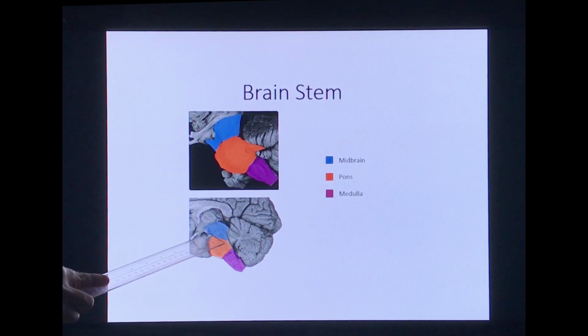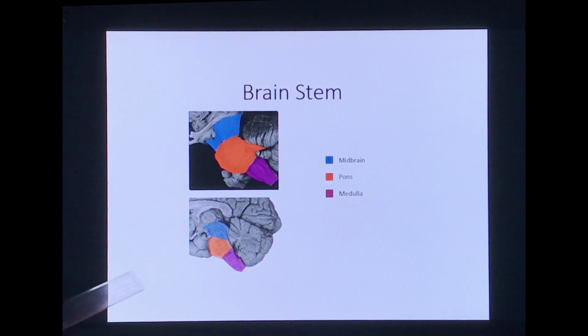This is the anterior part of the midbrain, and here you can see the posterior part. The anterior two-thirds and posterior one-third are separated by a cavity enclosed by the midbrain, called the cerebral aqueduct or aqueduct of Sylvius.